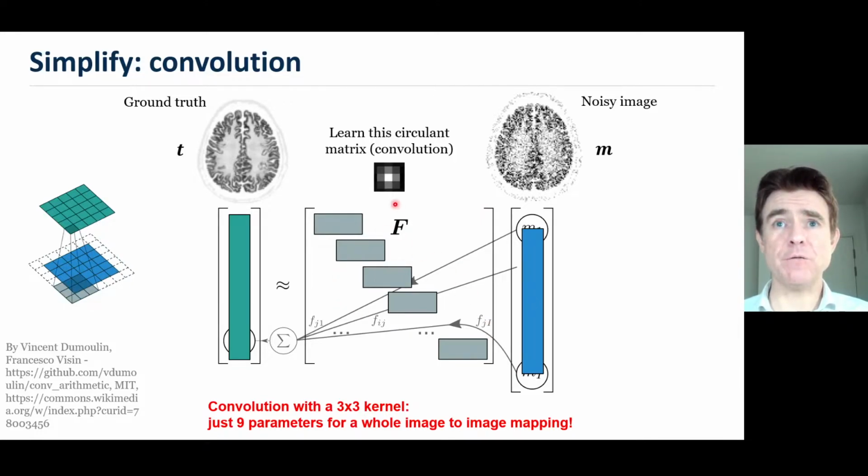And the point being, therefore, with just 9 parameters, we have massively simplified a large linear mapping which will deliver an output vector, in this case, of the same size as the input vector. So here this input should be the same size as the output.